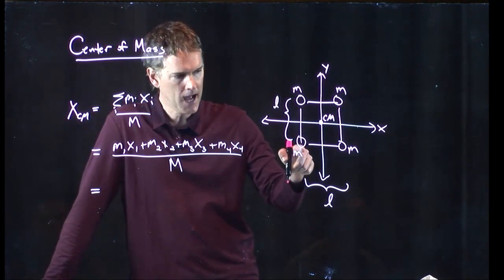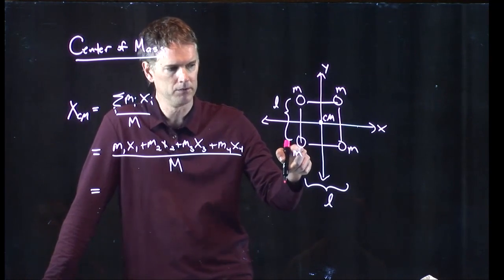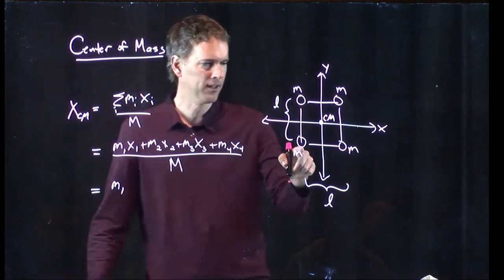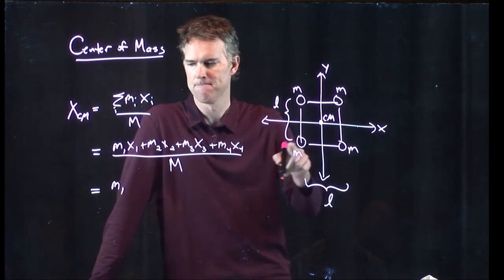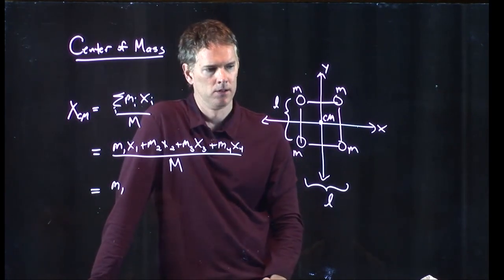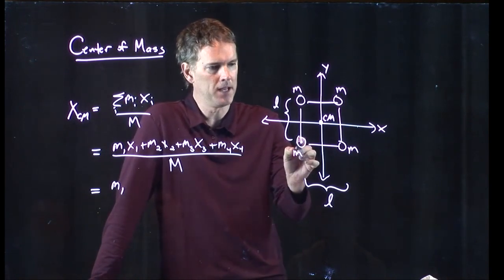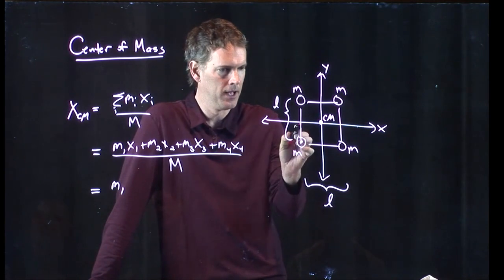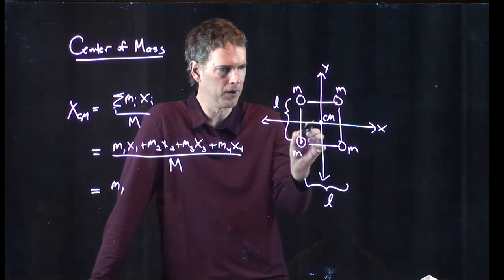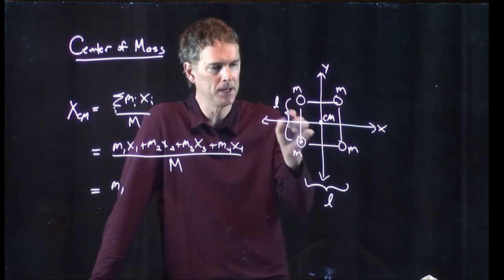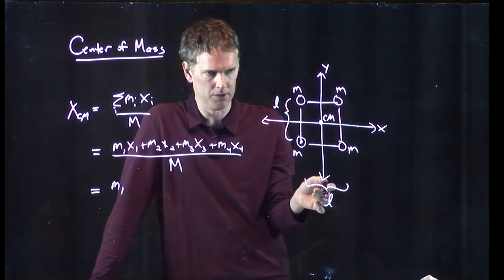And let's, just for kicks, let's start right here. Okay, what is the x position of that particle? Travis, what do you think? What's the x position of this particle down here? I don't think I understand the x position of it. Yeah. What would be the x location of this particle? It would be this position right here, which is, if this is the origin, that would be negative L over 2.